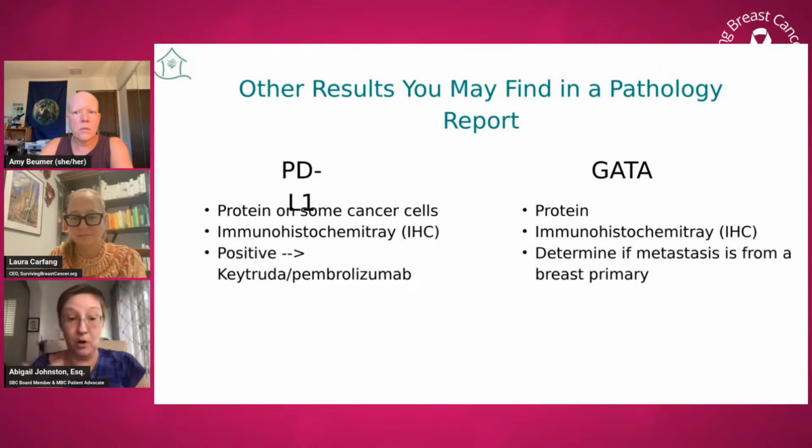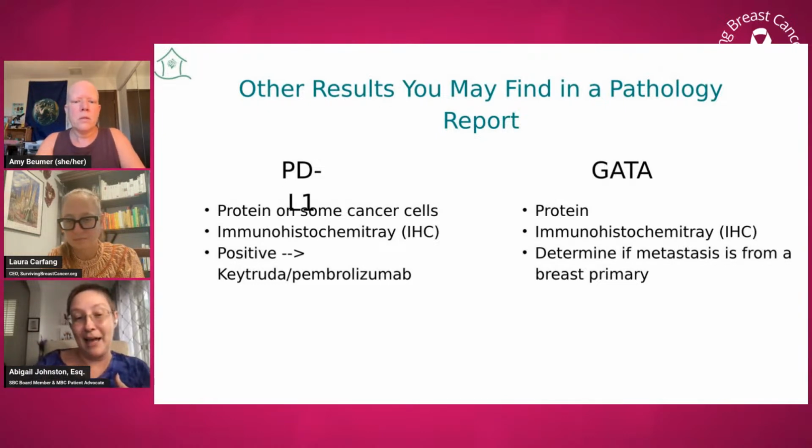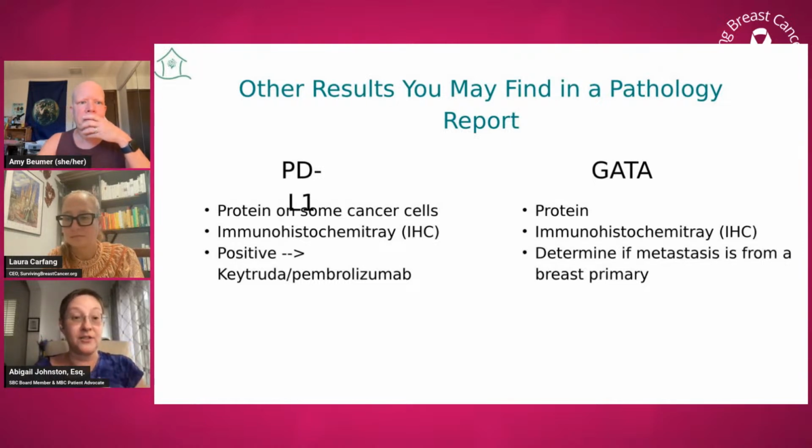If you do see this PDL1 positive and you're hormone positive, it's very important to have those conversations with your doctor, but you may get a report that says you're eligible for pembrolizumab. It's something to discuss with your doctors as you're talking about potential new lines of treatment. But it is possible to be PDL1 positive and have a positive estrogen receptor.